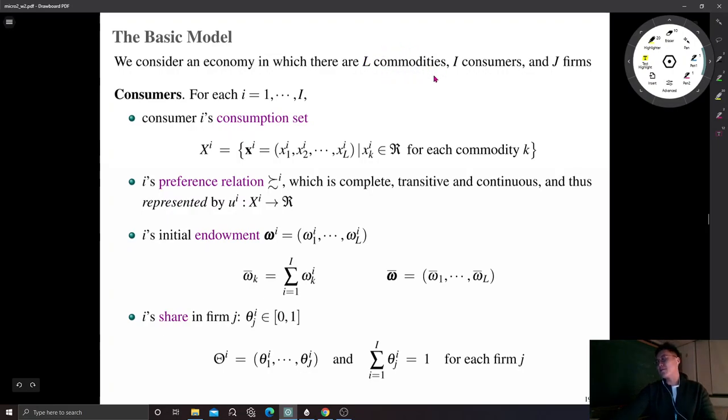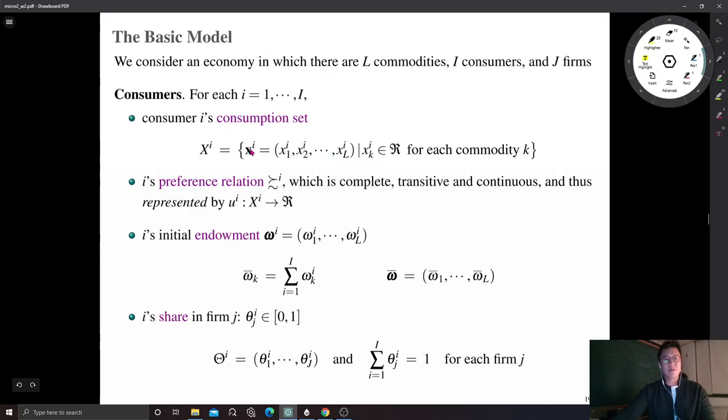So these commodities involve all outputs and all inputs. There are a total of L commodities. Let me first explain the consumer. Each consumer is indexed by i, and there are a total of capital I consumers. We first need to define the consumption set, what each consumer can choose.